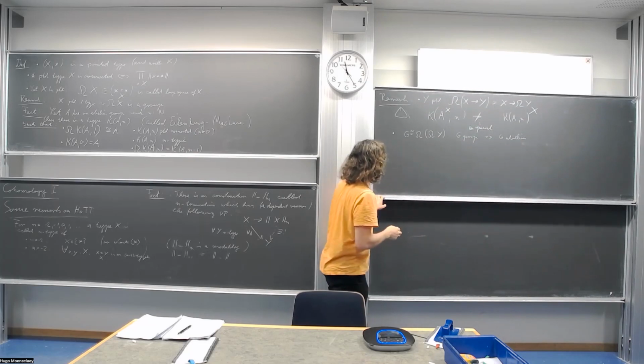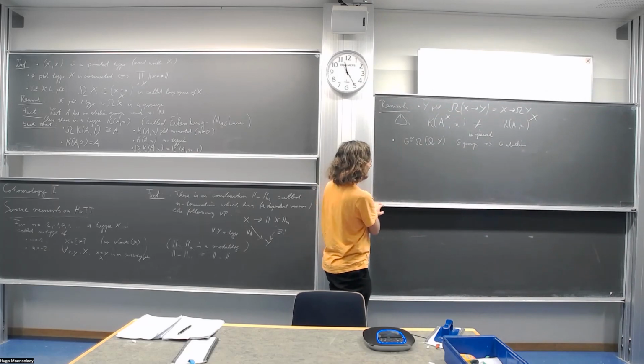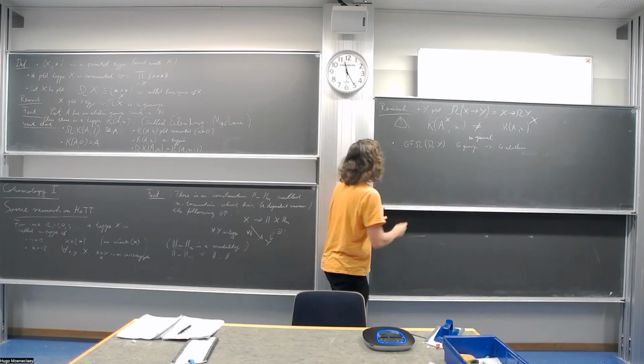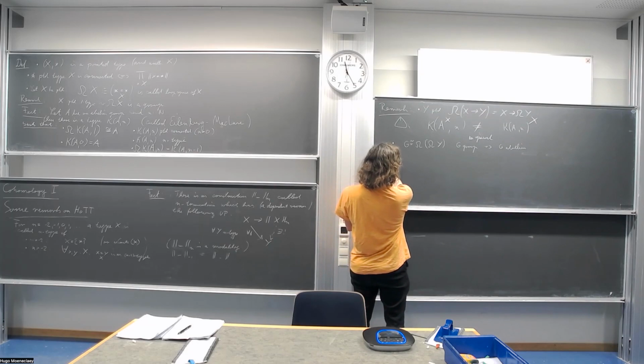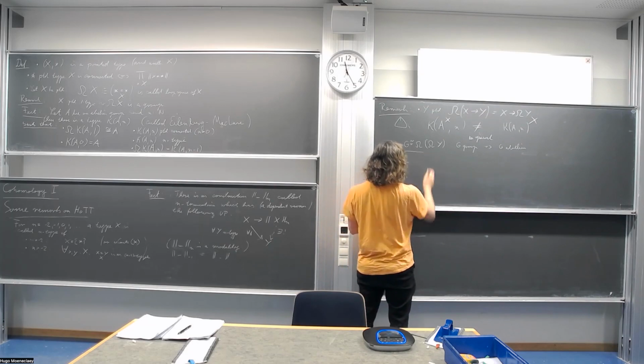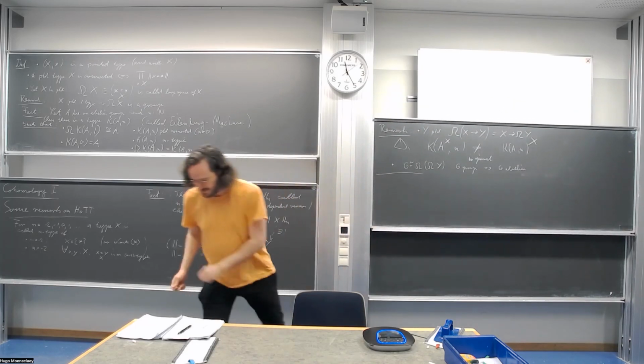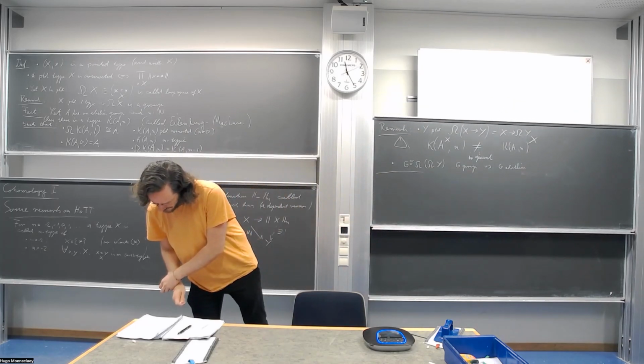This is also not too hard, I guess. I don't remember, it's called the Eckmann-Hilton argument, but yeah, it shouldn't be hard. Okay. Yeah, so where did I go from here?